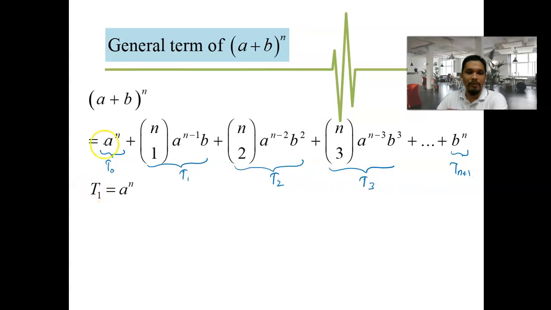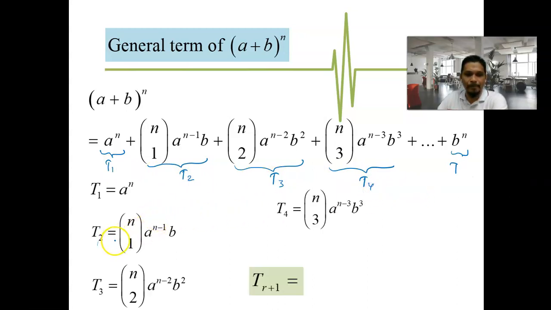So the first term here, according to these lecture notes, they use this one as the first term. Sorry, because I sometimes think of some other reference book, they use that as T0. For this lecture note, they use this one as T1, T2, T3, T4.